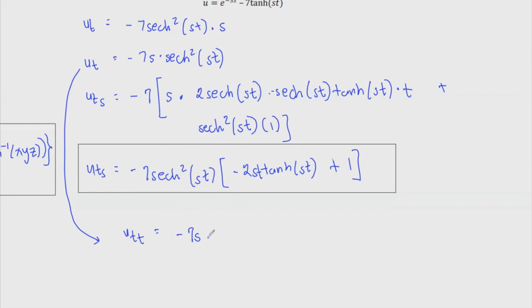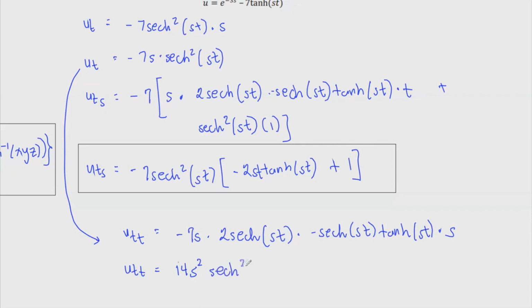So negative 7s times 2 sech st times negative sech st tanh st, and then the derivative of st with respect to t would be s. So that is u sub tt, equal to positive 7s squared, 14, that should be 14. So we have 14s squared sech squared st tanh of st. Okay, so that is our answer for u sub tt.